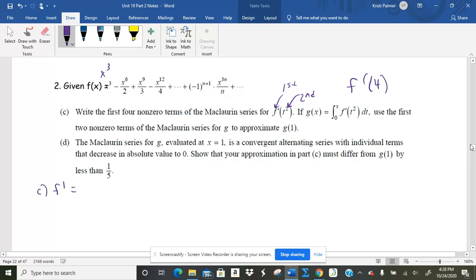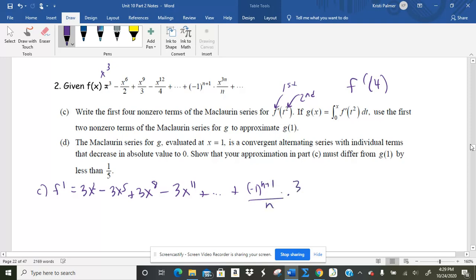I'm going to go ahead and go term by term. And I'm simplifying as I go because I can see 9 over 3 is 3. This part goes along for the ride.